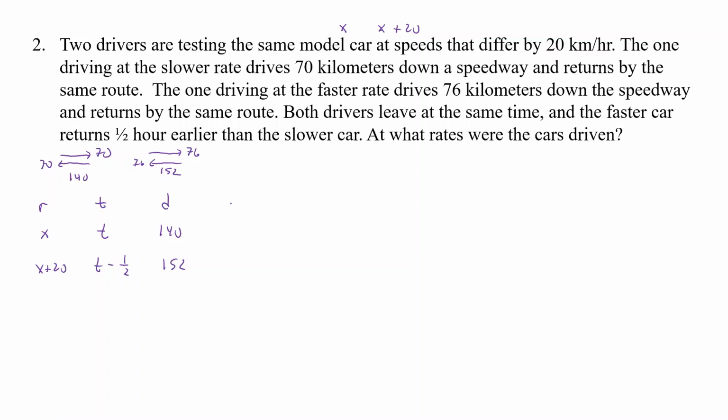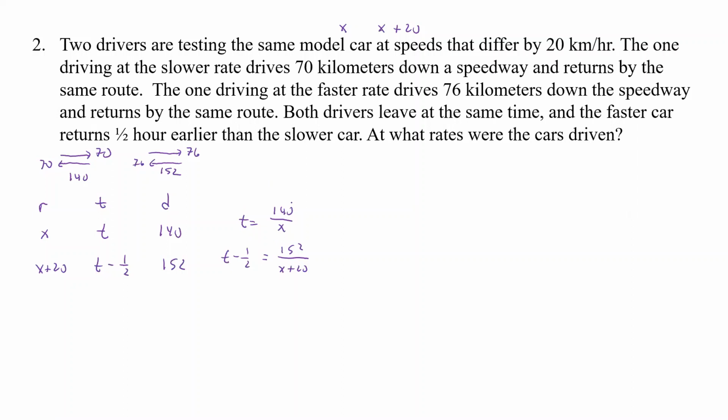So now we're going to solve both of those for T again. So here T is equal to 140 over X. And again, you could use R or whatever, but I just use X because it's the variable we're used to. And that's T minus 1/2 is equal to 152 over X plus 20. Now here I have T, here I have T minus 1/2.